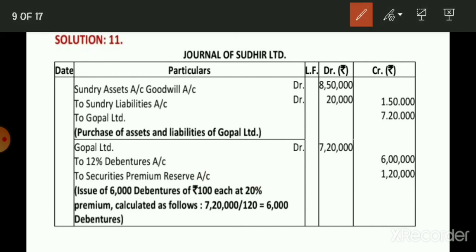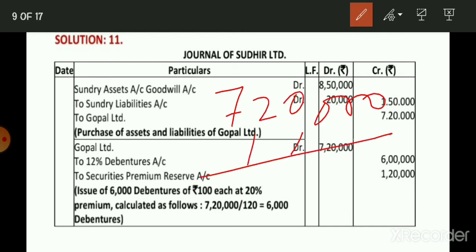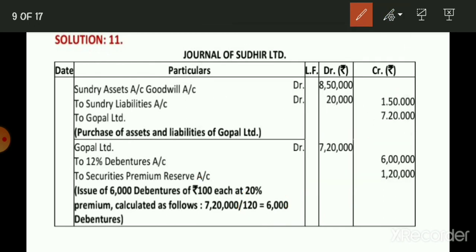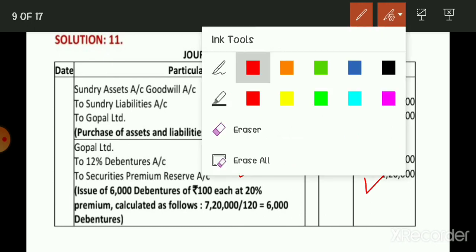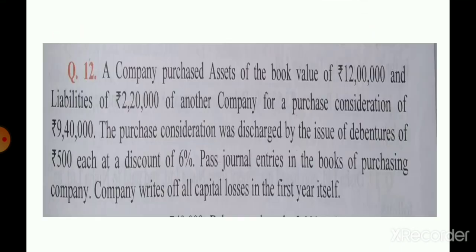That 7,20,000 will be divided by 120. So here we get that we issue only 6,000 debentures, and on 6,000 we have to pay 100 rupees, that is 6 lakh, and on 6,000 we have to pay the premium amount, that is 20, that is 1,20,000. Okay, so this will be the entry.